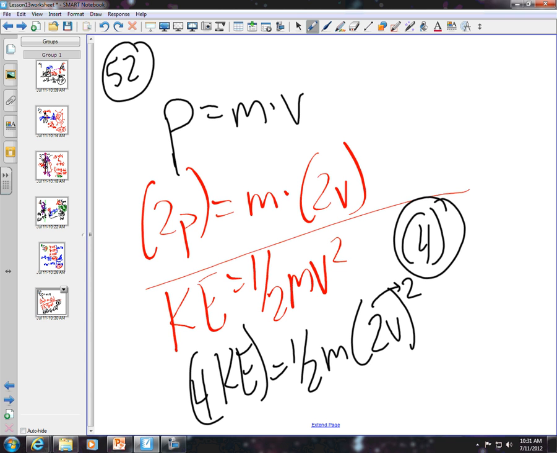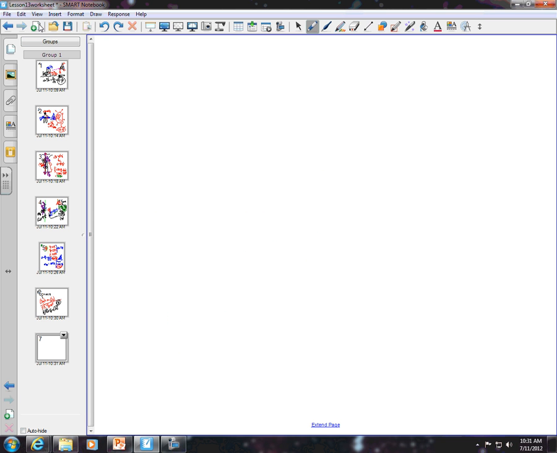And that's just kind of a review for you. So whereas the relationship between kinetic energy and velocity was a complex relationship, the relationship between momentum and velocity is what mathematicians call a simple relationship. So finally, 102, we have a few problems left.